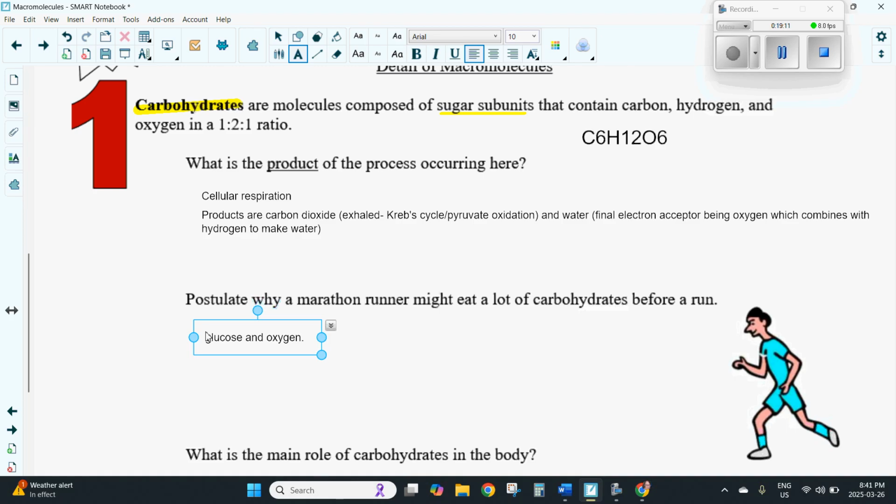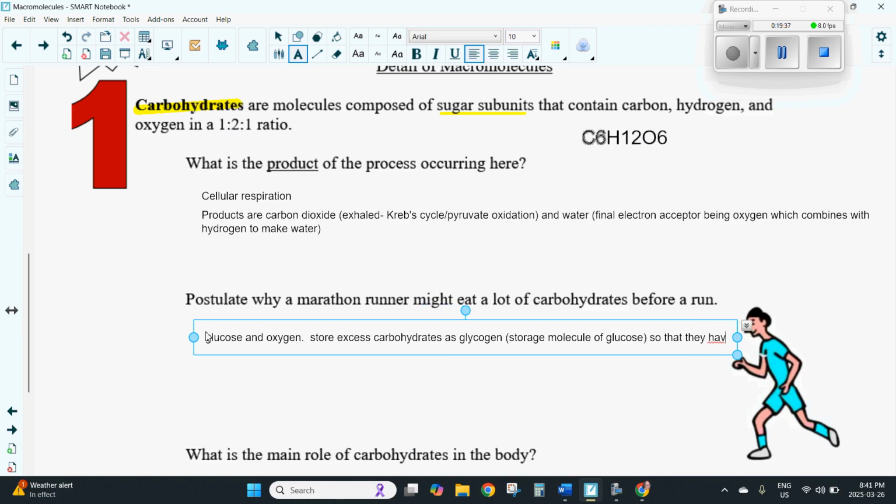What a marathon runner will do is store excess carbohydrates as glycogen, which is a storage molecule of glucose, so that they have access to enough sugar during their run to create enough ATP to run and run and run.